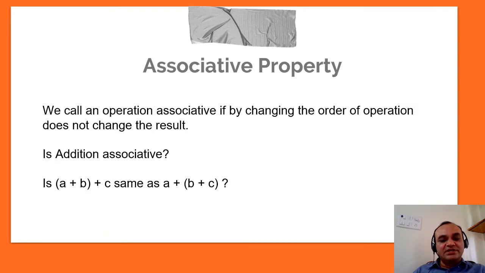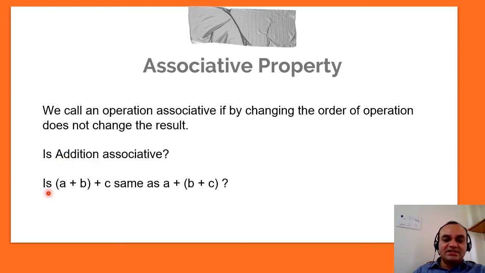So let's move on to the next property, which is the associative property. So what is the associative property? We call an operation associative if changing the order of operations does not change the result. So it's not swapping the numbers like the commutative property, it's changing the order of operations. So the question we want to ask is, is addition associative?